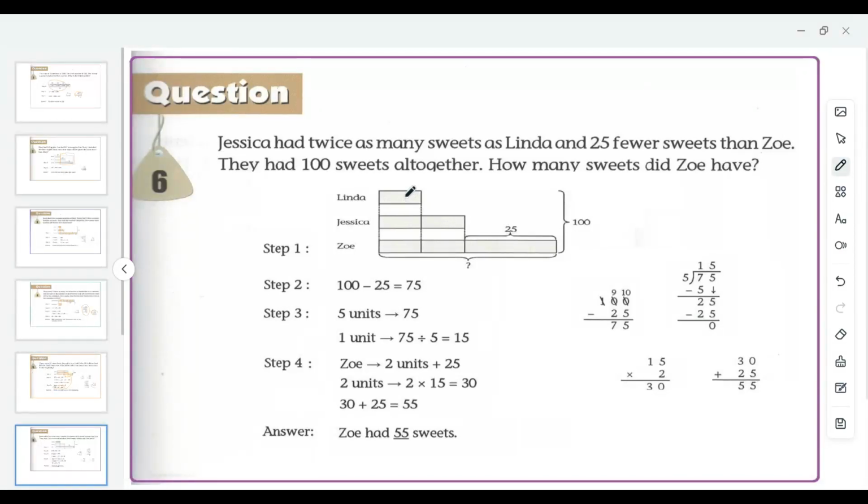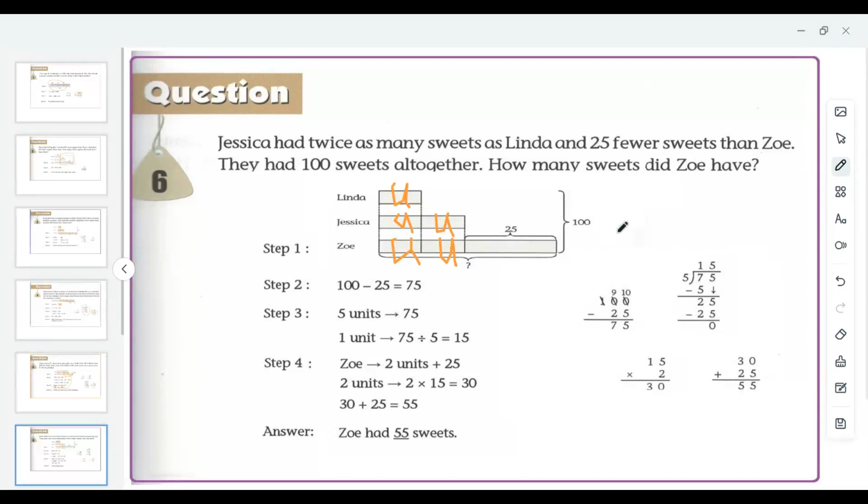But we know this 1, 2, 3, 4, 5 units plus 25 is equal 100, right? 5 units plus 25 is 100.